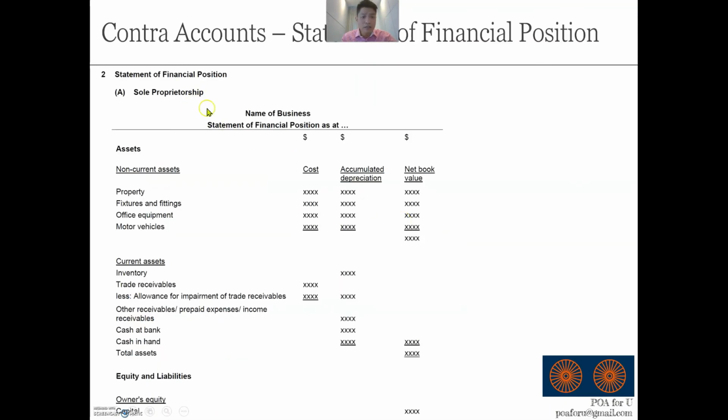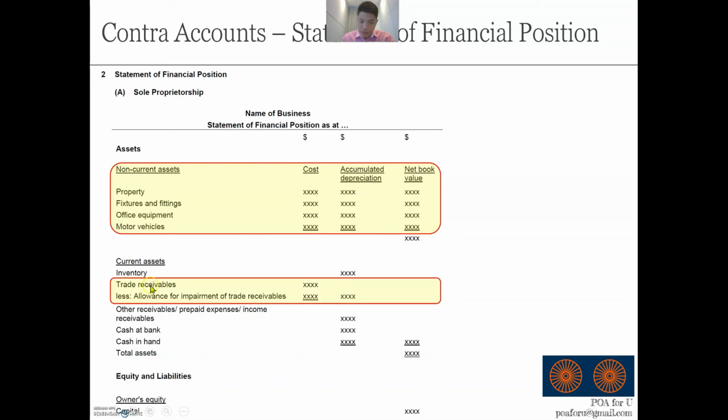The other contra accounts that we see in the statement of financial position, the first one is for non-current assets. You have the cost less the accumulated depreciation, and you will get the net book value. The next one, trade receivables, less allowance for impairment of trade receivables. And the last one is capital. Now, before the syllabus was updated, capital, or owner's equity for a sole proprietorship, used to be presented differently.